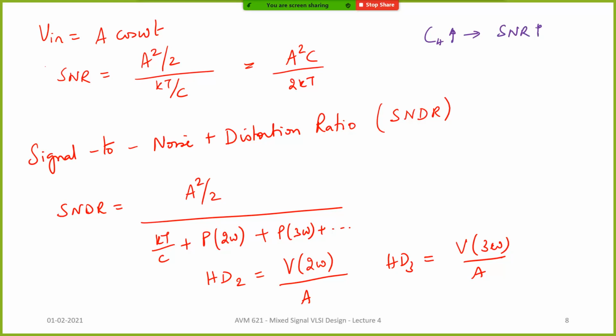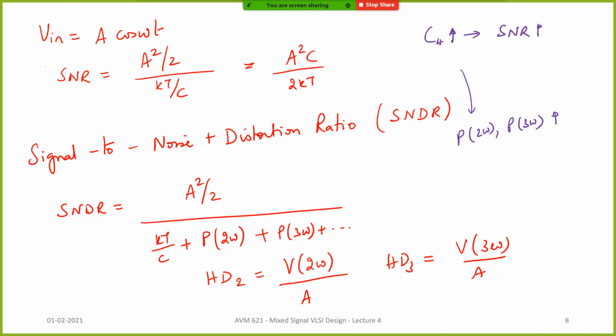But if you increase your CH, you will also increase your P of 2 omega, P of 3 omega. This will also get increased. So there is a kind of trade-off. There is a balance you basically will have to strike.